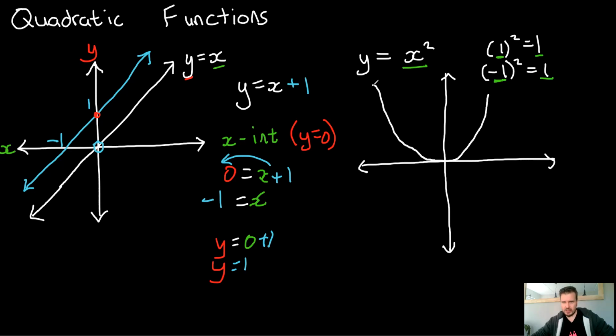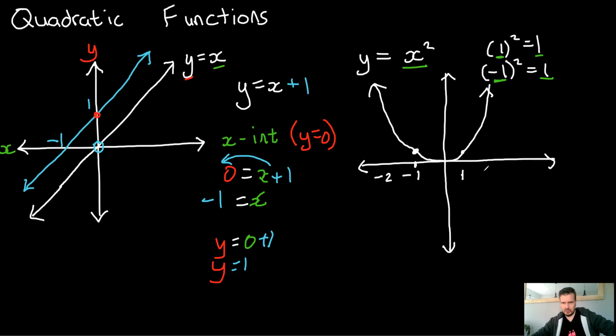Okay, so that is why this parabola goes upwards like this. One thing to note is that it's always positive. If this was -1 and this is 1, then the y's would be 1 and 1.